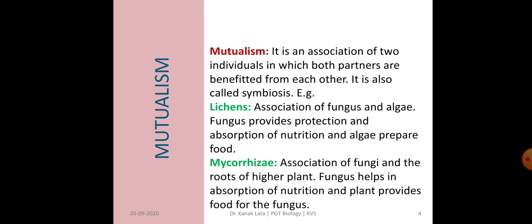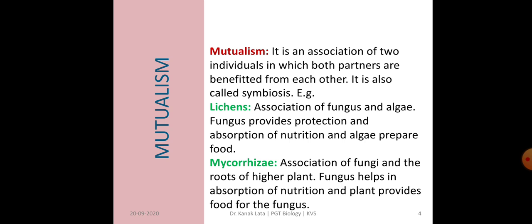Now first it is about mutualism. In mutualism, there is an association of two individuals in which both partners benefit from each other. This is also called symbiosis. There are different examples of mutualism. First is lichen. Lichen is the association of fungus and algae.